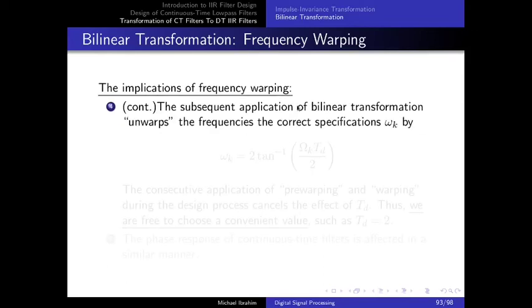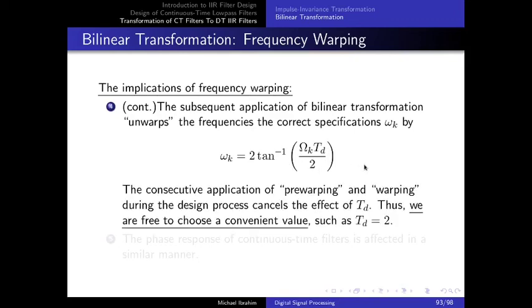The subsequent application of the bilinear transformation will unwarp the frequencies to the correct specification omega k, in which omega k is equal to 2 tan inverse of omega k Td over 2. The consecutive application of pre-warping and warping during the design process will cancel the effect of Td, thus we are free to choose any value for Td.